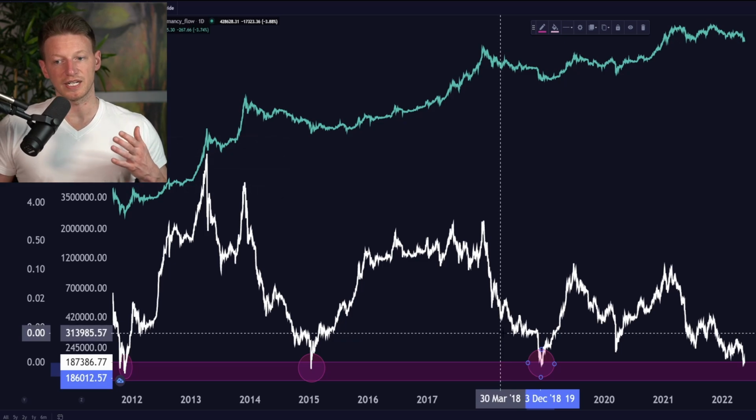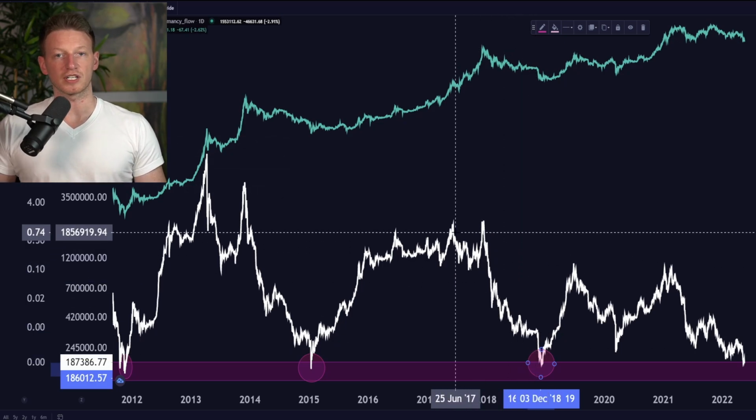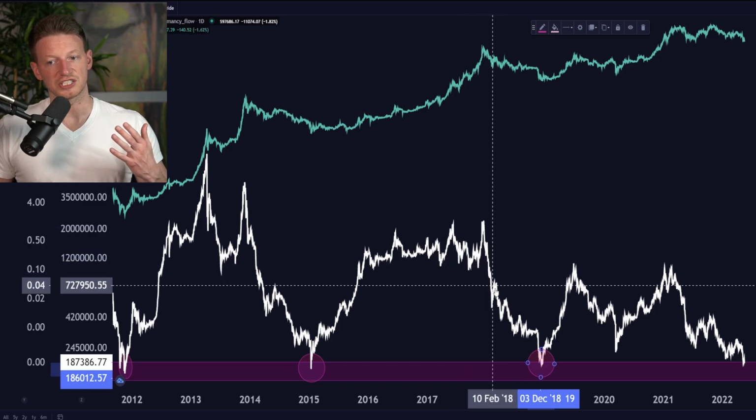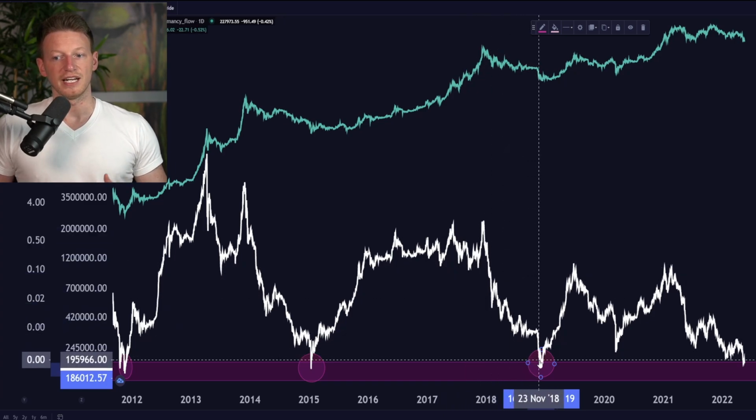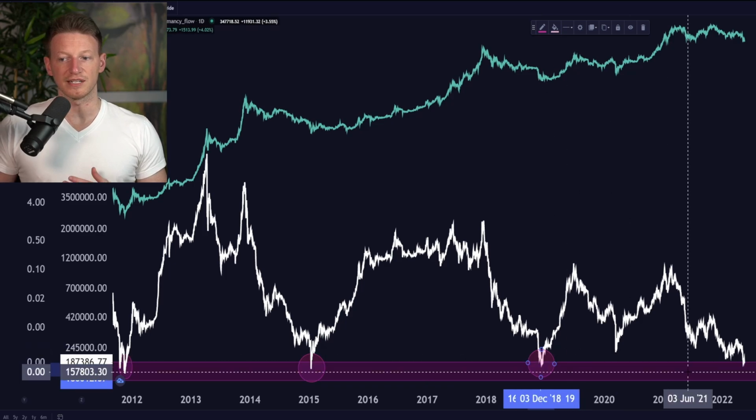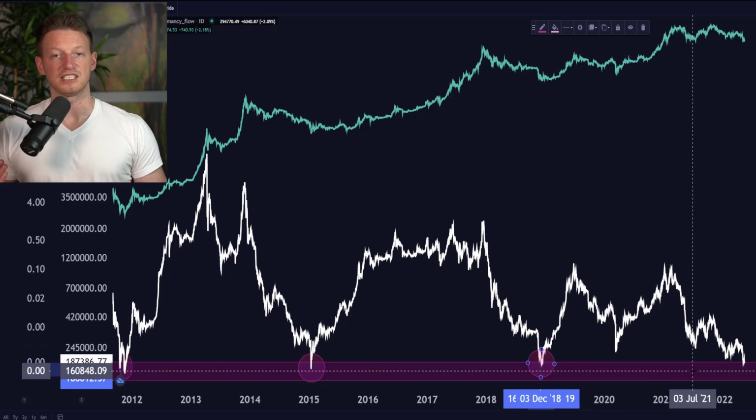As it becomes lower and lower, that means the market cap has significantly decreased in relation to the coins being destroyed, because there's essentially market capitulation going on. And when we reach these lowest levels, that typically tends to be peak capitulation.